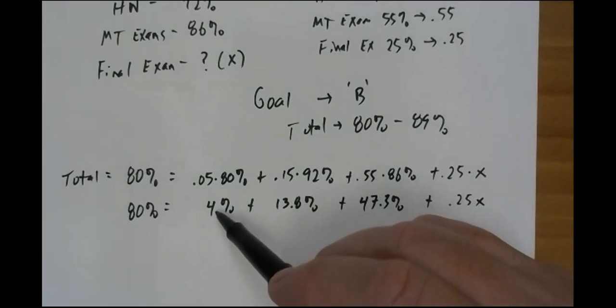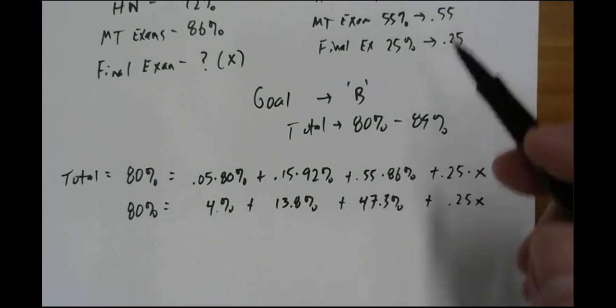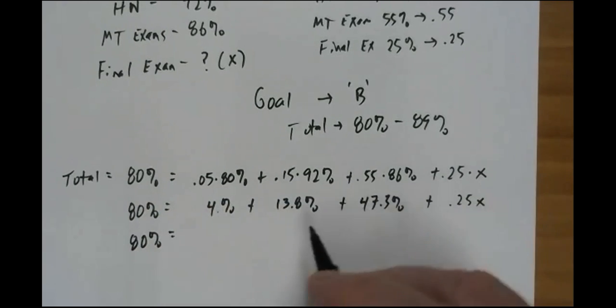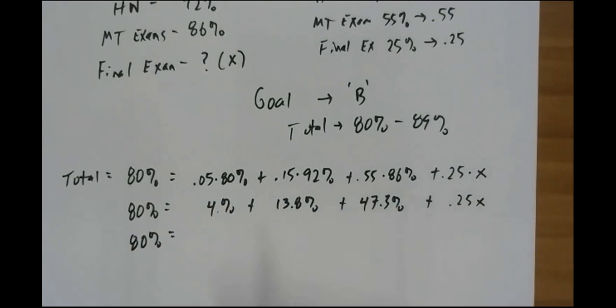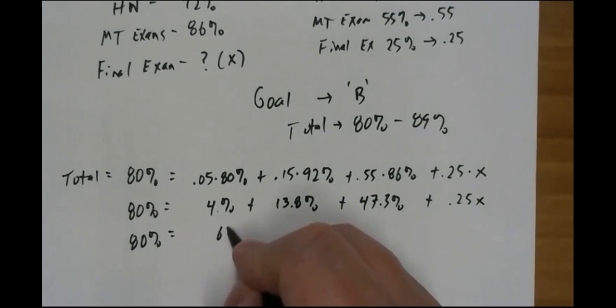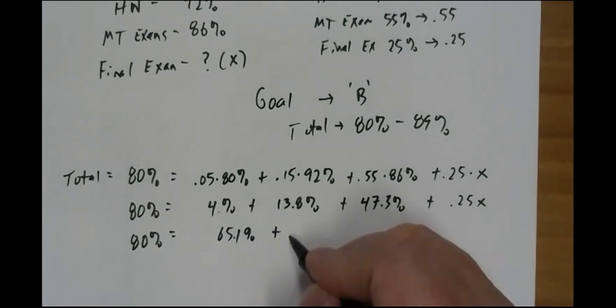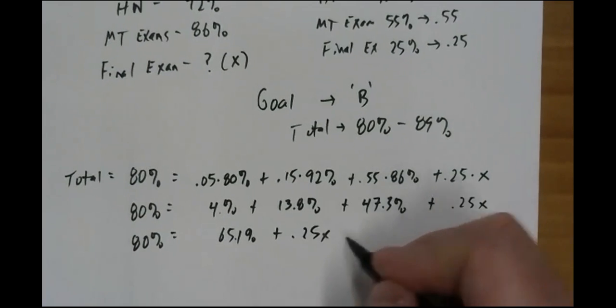I'm going to add these three numbers together, and to make sure I don't make a mistake, I'll use my calculator. 4 plus 13.8 plus 47.3 equals 65.1, plus 0.25x.